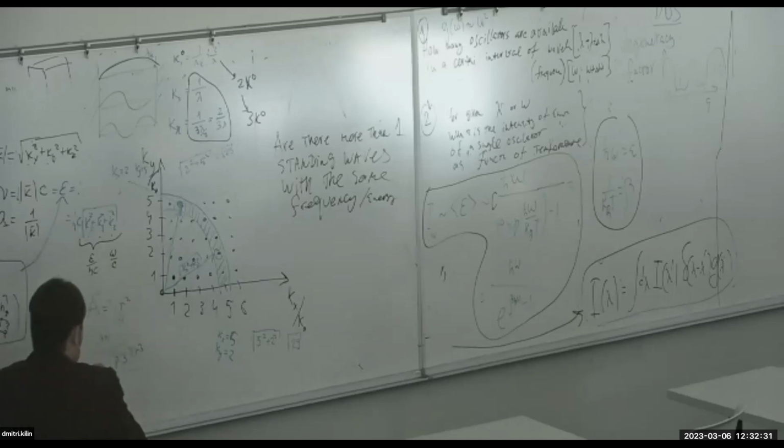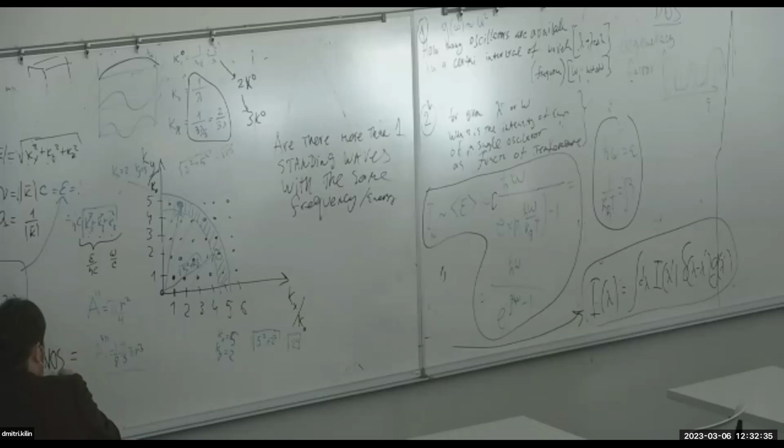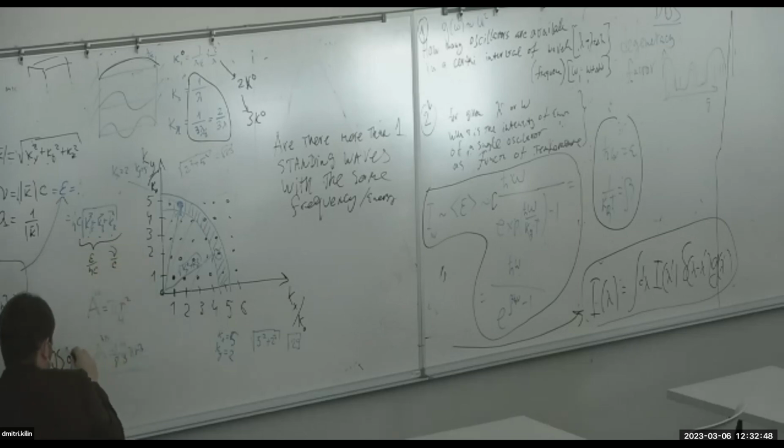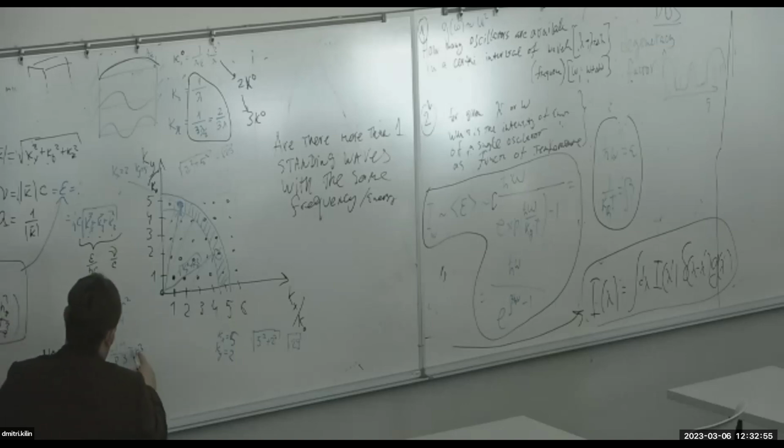So we can say it is the number of states inside that have frequency between 0 and frequency nu, it will be this much, and here we put nu over c.